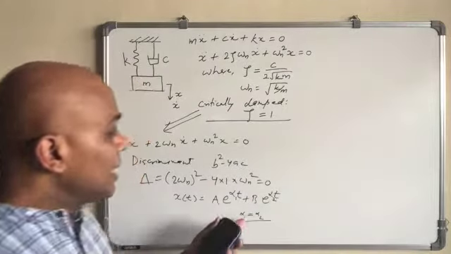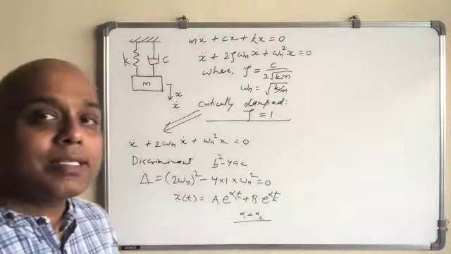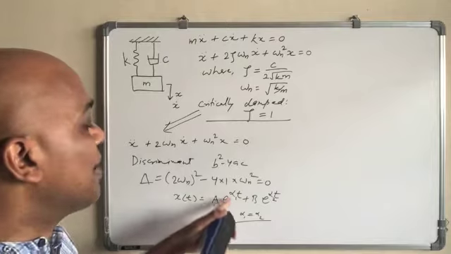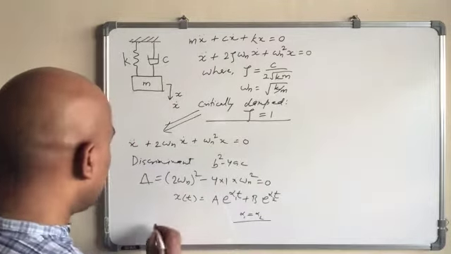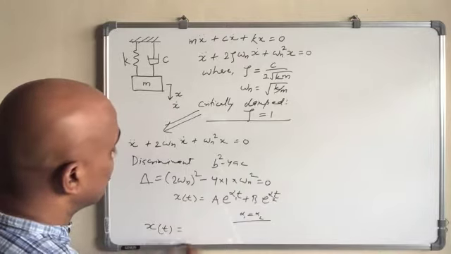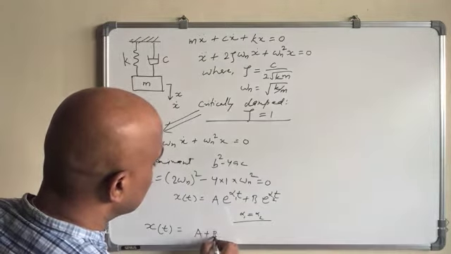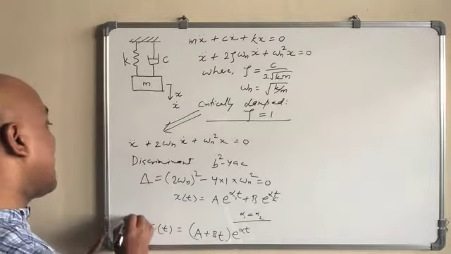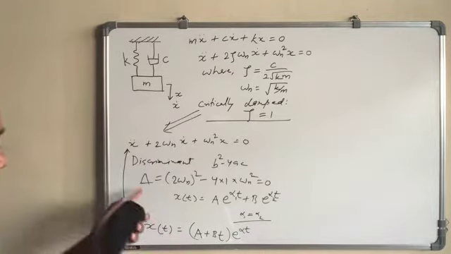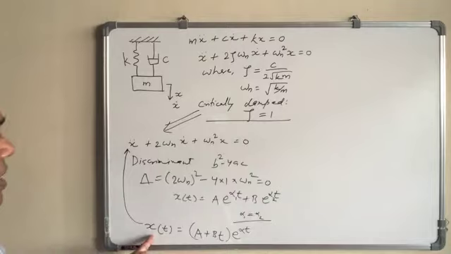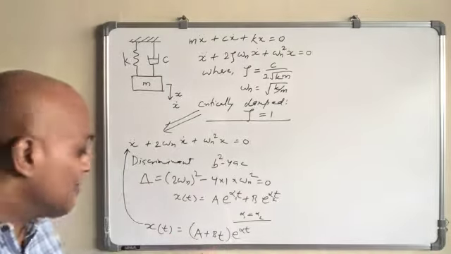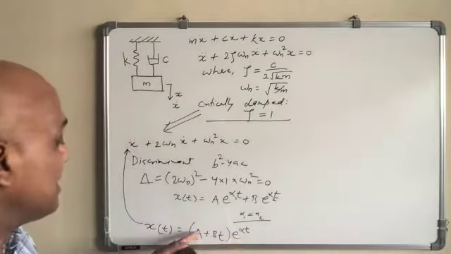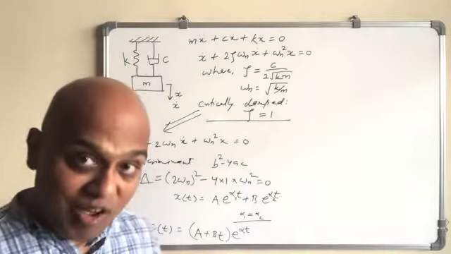So the solution will not be a times e to the power alpha t; rather in such cases x(t) is proposed as x(t) equal to a plus b times t and then e to the power alpha t. If the discriminant is equal to 0, then the solution will be of this form, a plus bt times e to the power alpha t, and this you have to put here in order to solve it.